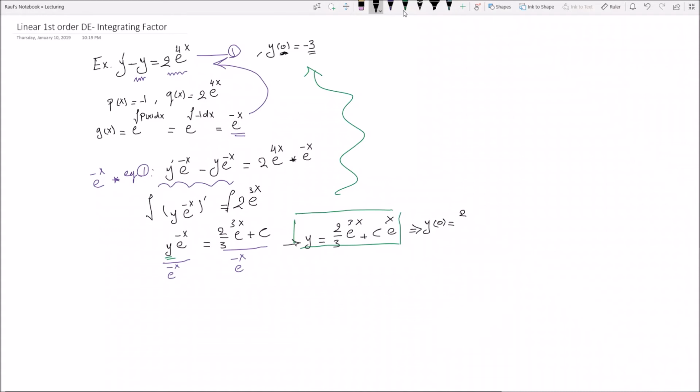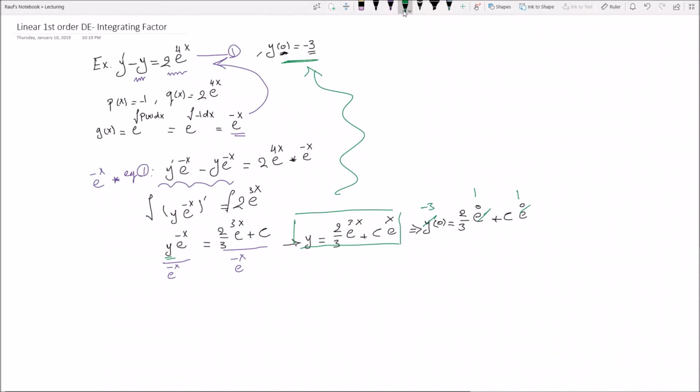y of 0 equals 2 divided by 3 e to the power of 3 times 0, which is e to the power of 0, plus c multiplied by e to the power of 0. As we know, e to the power of 0 is 1, so we can put that as 1, and y of 0 equals minus 3, as we can see up here.